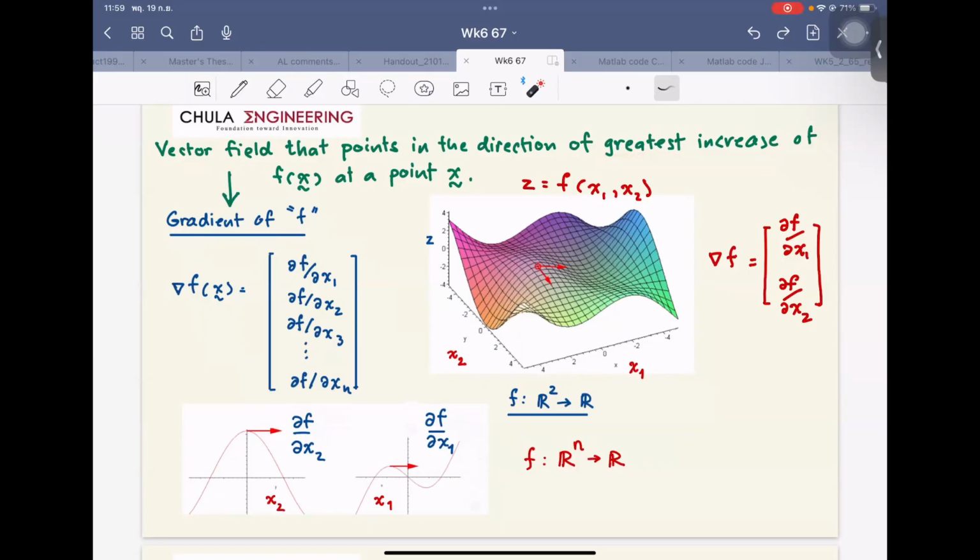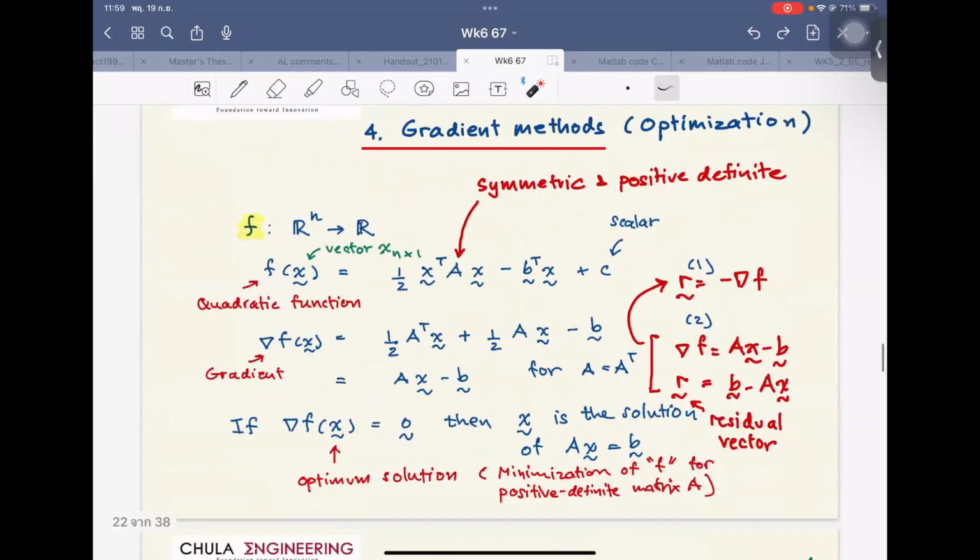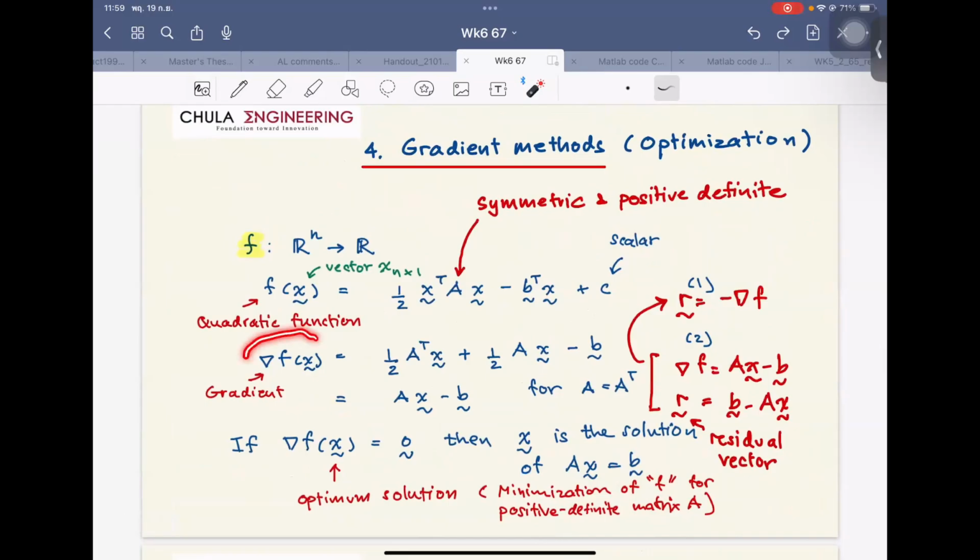If we are at a particular point and you don't want to go down the hill, what we should look at is the direction of the gradient. Let me go back here a little bit. Now this is the gradient. If f is a quadratic function, the gradient is here, right? Ax minus b.